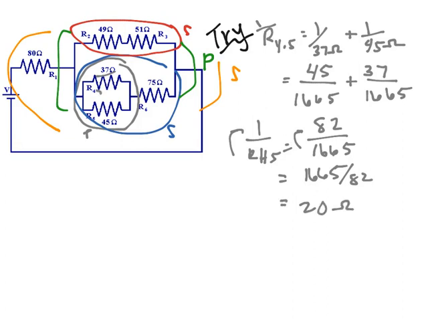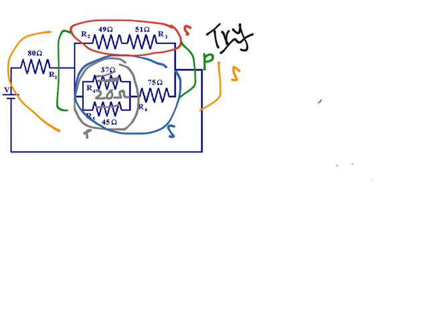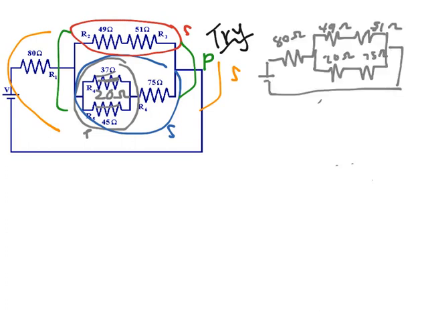So this whole thing in here is 20 ohms. So again, you're going to need a lot of space for these. They are kind of just rambling problems. So then our next thing is, alright, you redraw it with your 20 ohms replacing it.